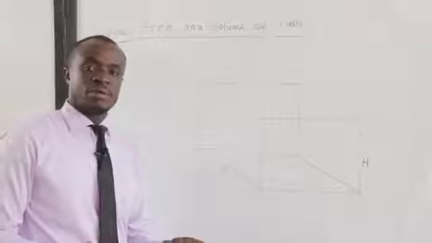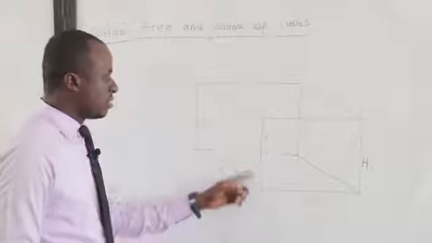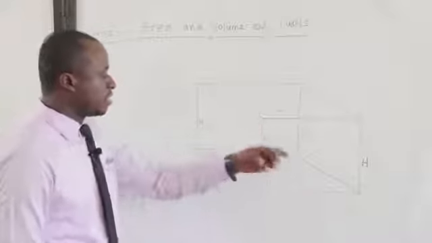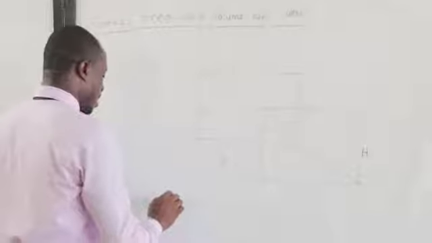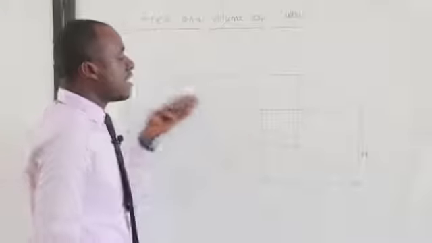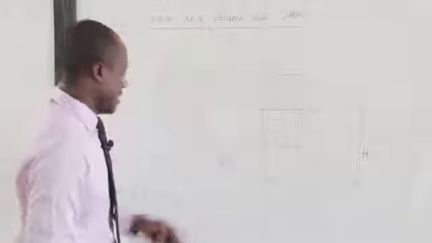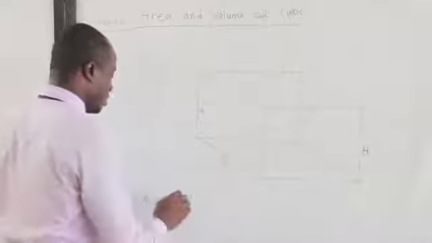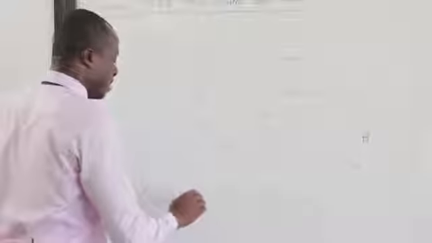How do you find the area of a rectangle? Length times breadth. In this case we have the length and the height, so this face is LH, and the same at the back, plus LH.